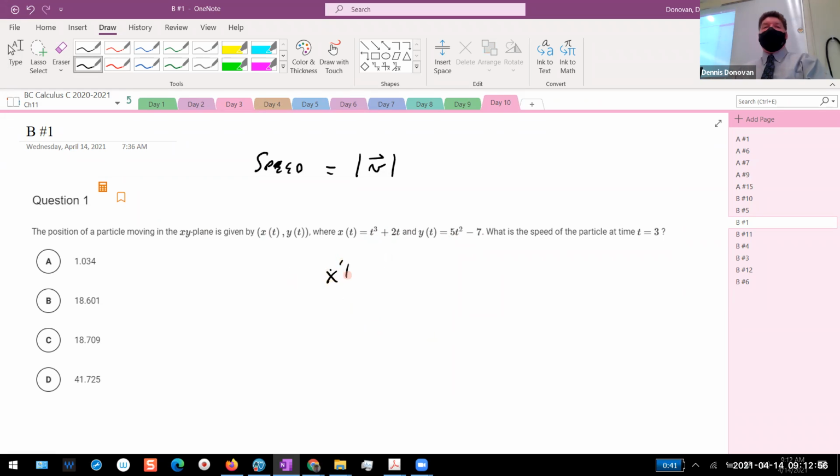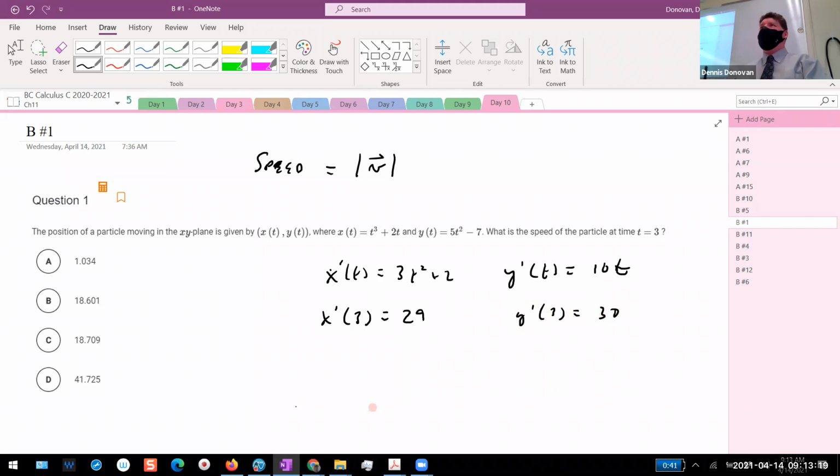So let's just do x prime. x prime is 3t squared plus 2, and so x prime of 3 is 29. And y prime is 10t, so y prime at 3 is 30.